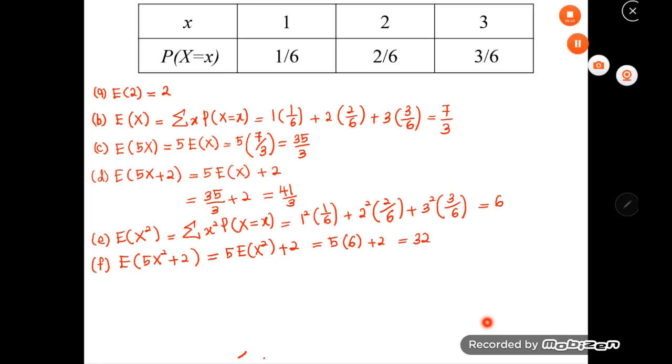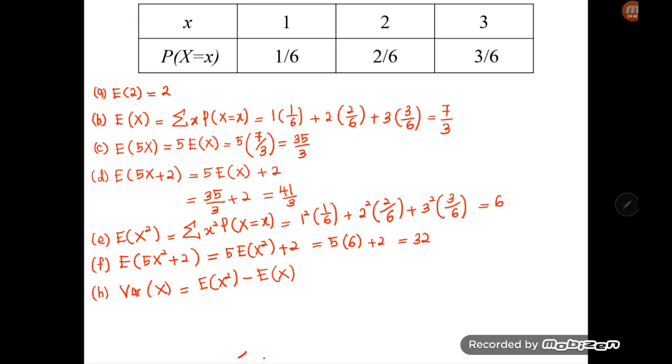And then the last one, H, we can find the variance of X, which is just the expectation of X squared minus the expectation of X, squared. So the expectation of X squared is 6 minus the expectation of X, which is 7 over 3, squared.